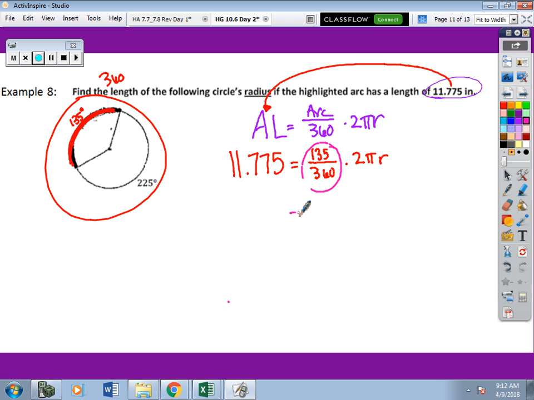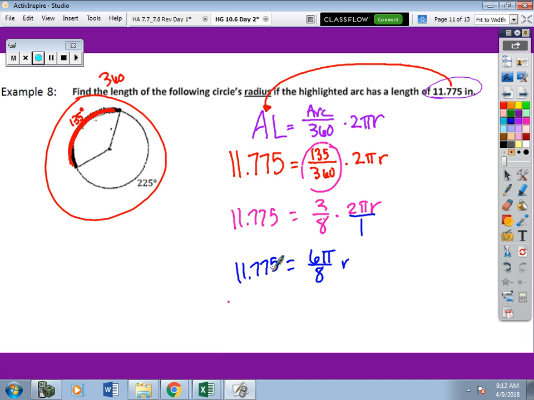We could do 3/8. Let's go ahead and then multiply this stuff together. So we have 3/8 times 2 pi r, which would be 6 pi eighths times r.